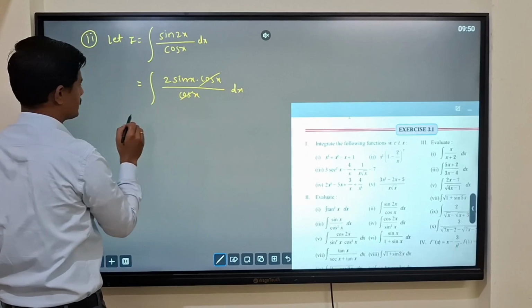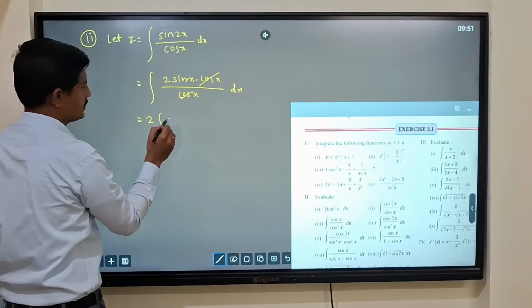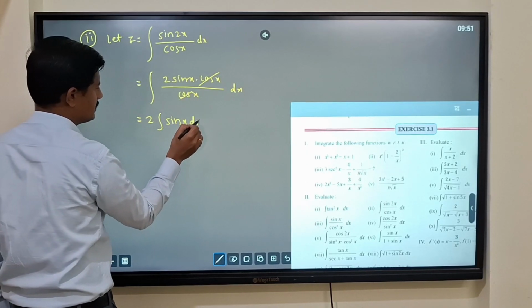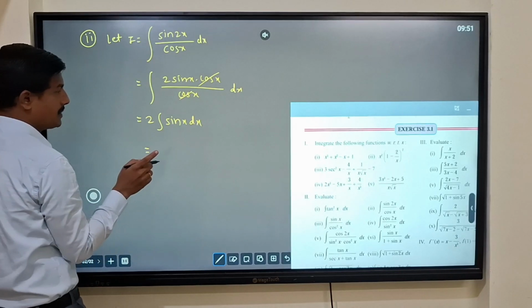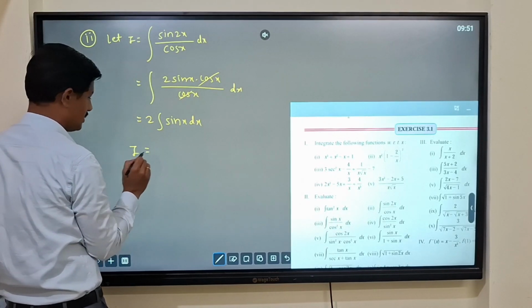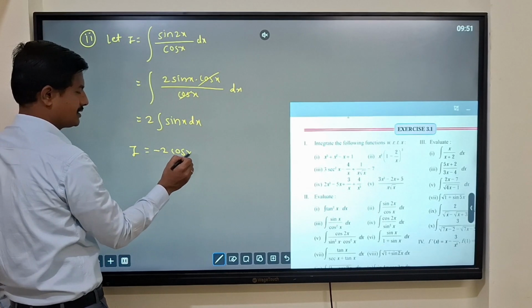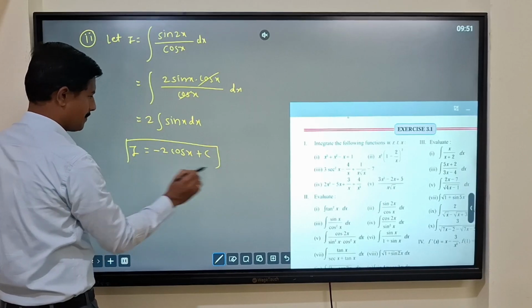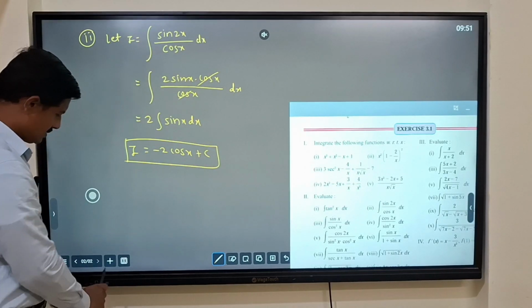dx. Cos cancels, so this becomes 2 integration of sin x dx. Integration of sin x is minus cos x, so the answer becomes minus 2 cos x plus c.